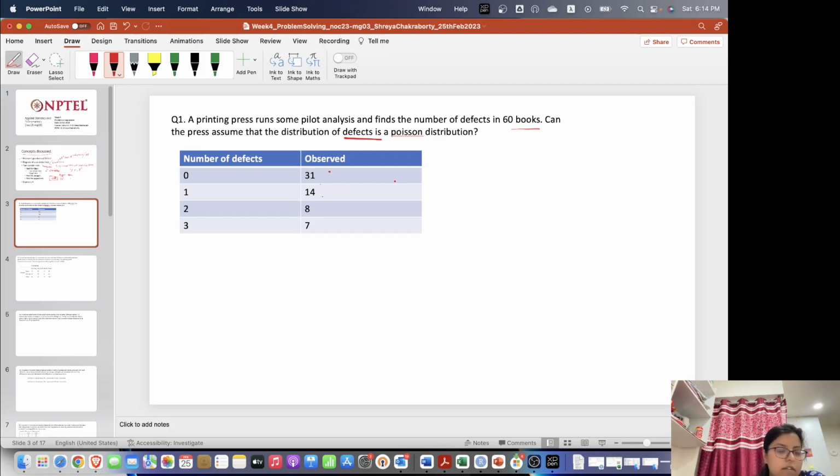So how do you think we should go about this problem? What should be the starting point? And what sort of a test is this? Anyone?